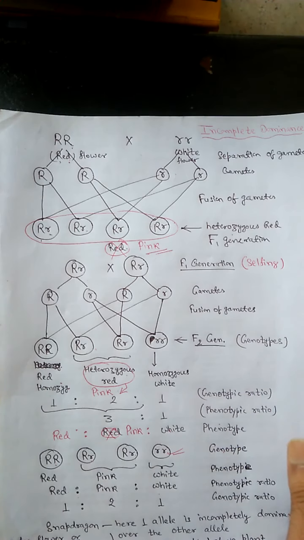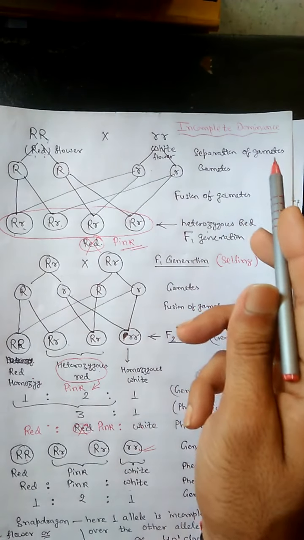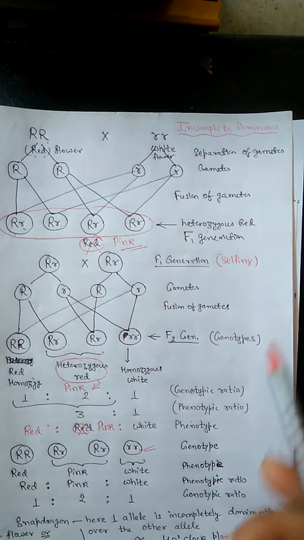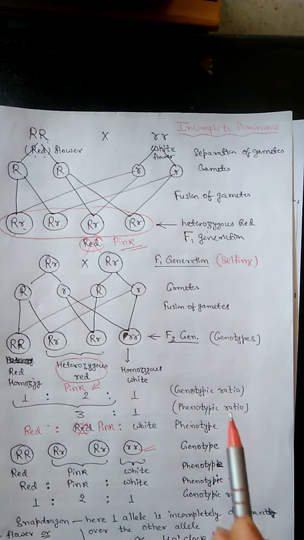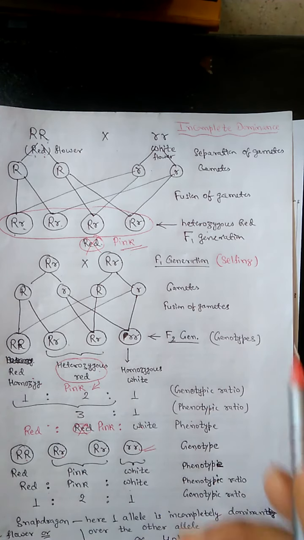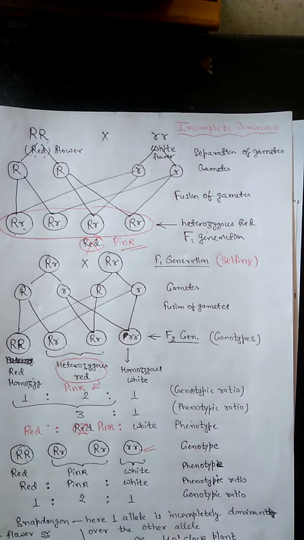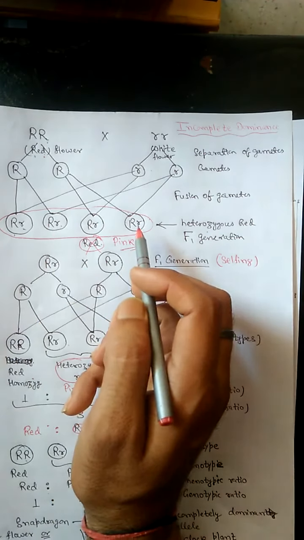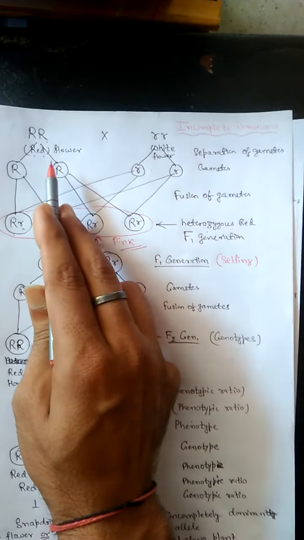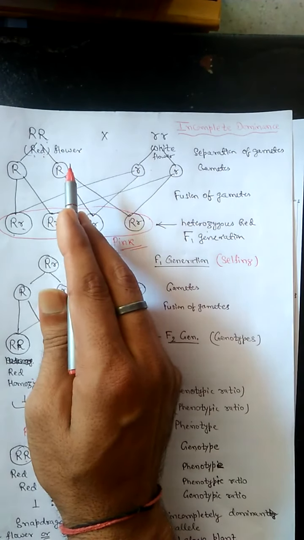In the previous lecture, we studied incomplete dominance, the first exception to the law of dominance. From the whole conclusion, we conclude that F1 offspring are intermediate between both the parental traits.